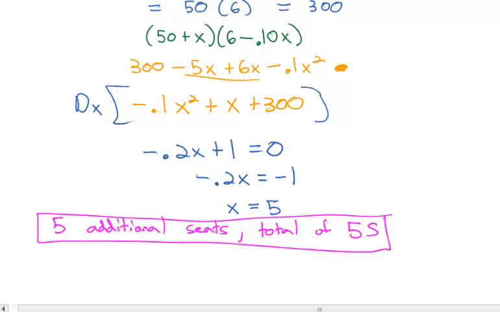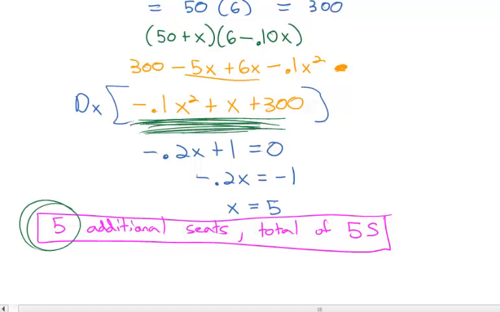How much is that maximum profit? We started at $300 profit. Remember, 50 times 6. Let's see how much better this was by just plugging 5 into our function. And we can plug it into any point of our function. We did a lot of simplifying. I'm going to do the polynomial form, because that's probably the easiest.